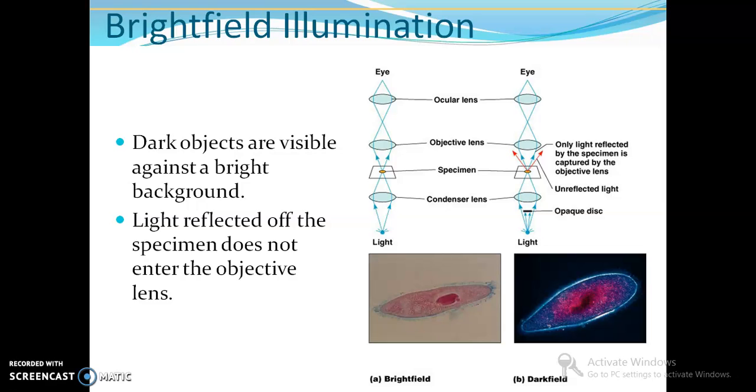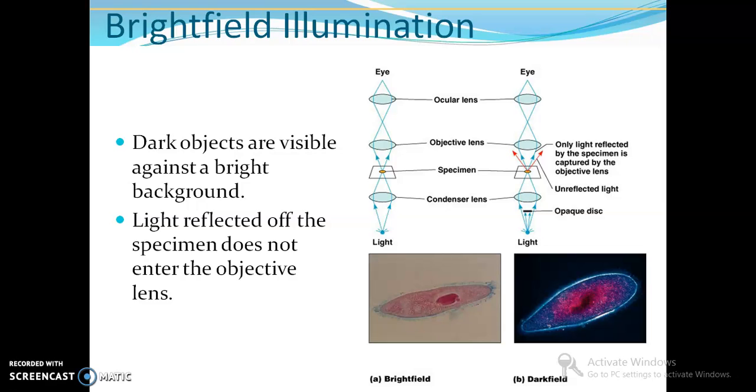Now let's start with the bright field microscope. That is the first type of microscope we use in case of light microscopy. The bright field microscope produces an image made from light that is transmitted through a specimen.